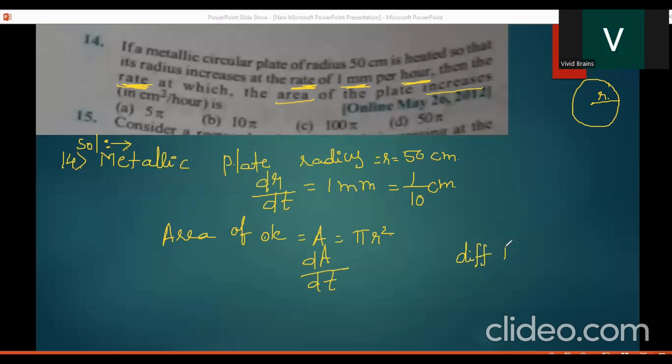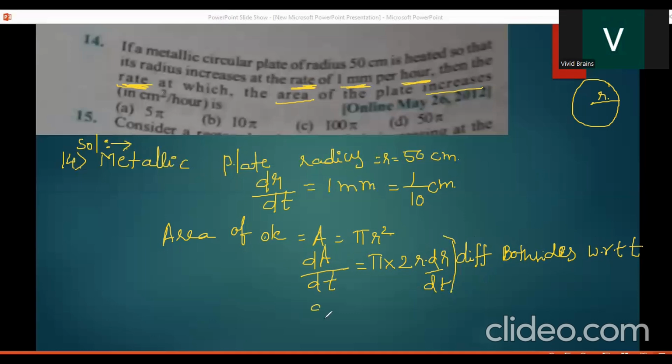Differentiate both sides with respect to time: pi into, can I write 2r into dr by dt? Yes, correct.